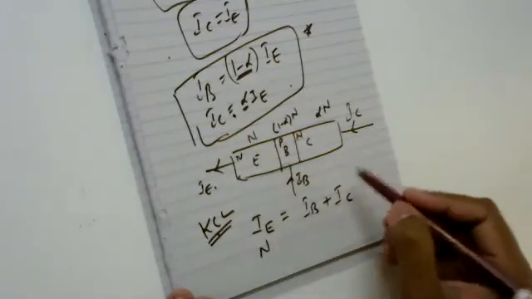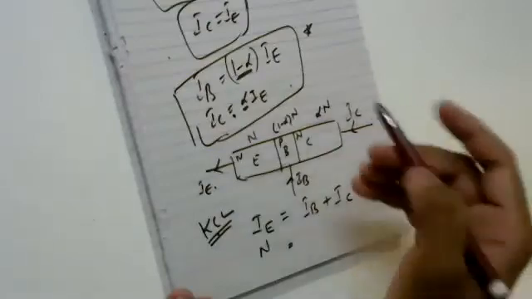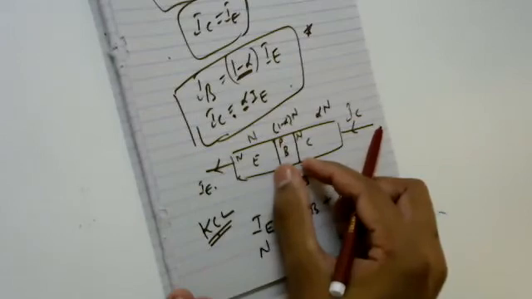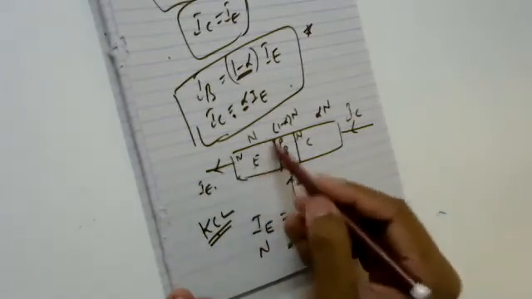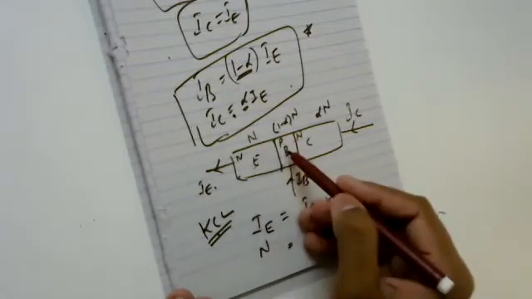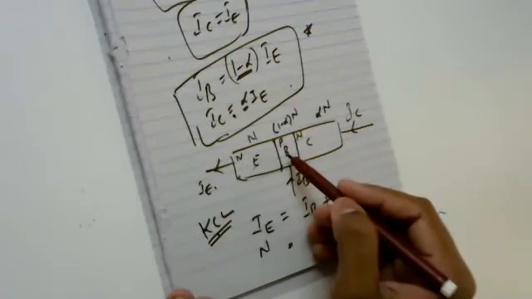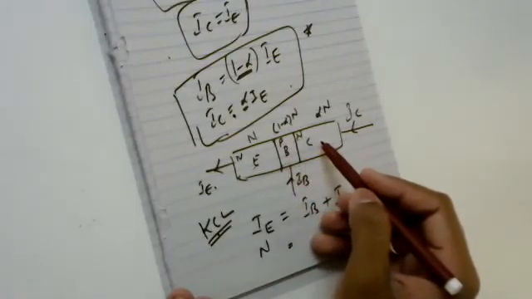Since during our interaction we have said that base has very small space, all the electrons ejected from the emitter cannot be accommodated in the base. So all these electrons are going to travel to your collector.